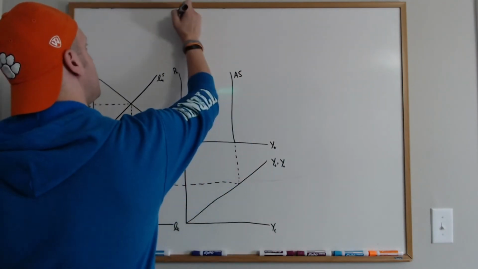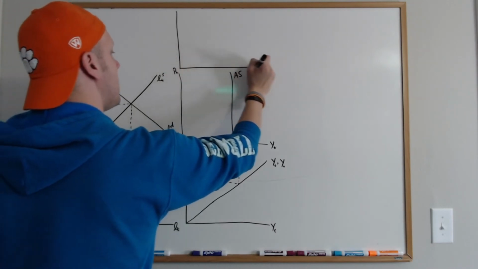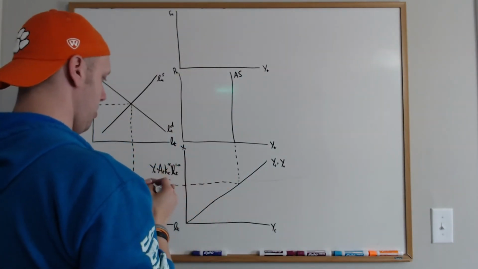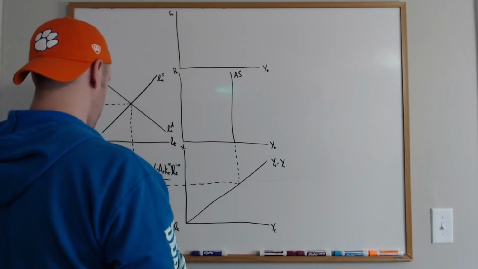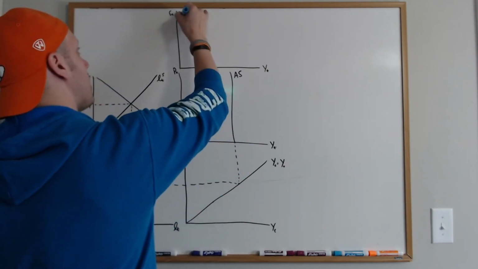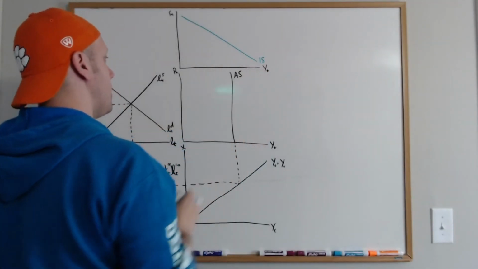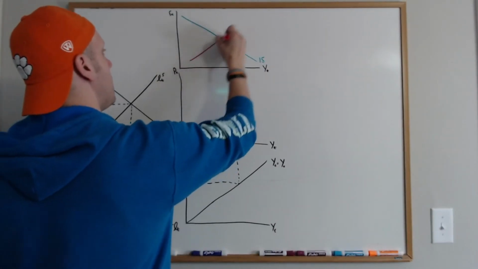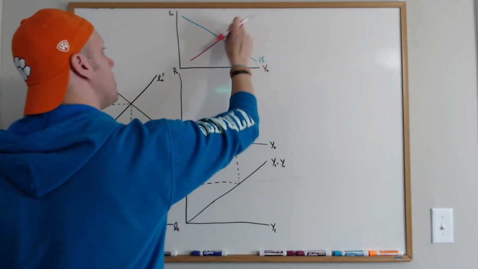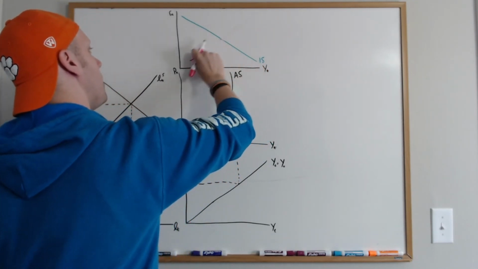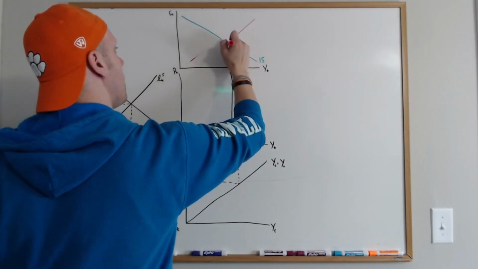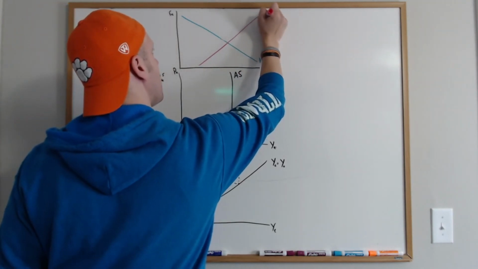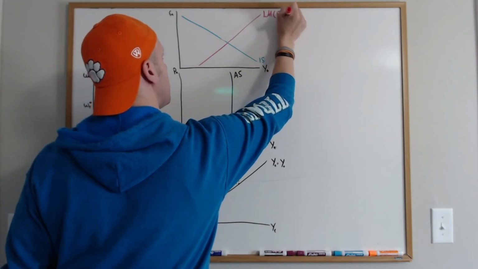Now, in this lecture, we got the IS and the LM curves, which is a combination of output and interest rates, where goods markets are for IS and money markets are for LM, like this, where LM is a function of the price level and money.